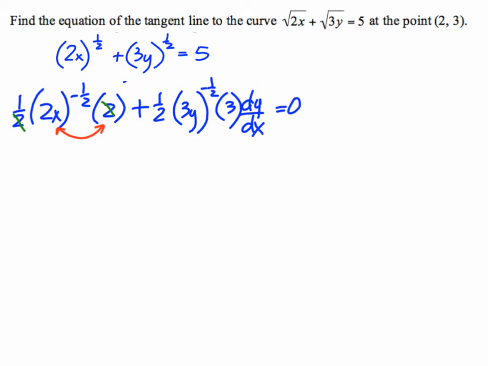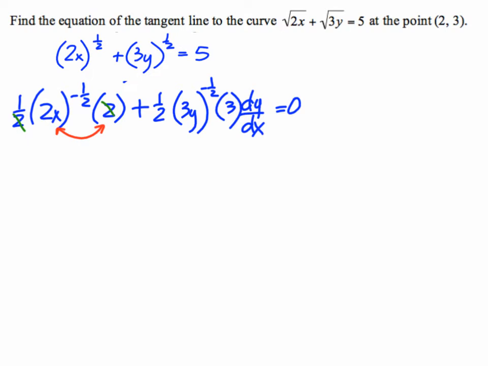And the derivative of what's inside is 3 times dy over dx, because I have to use implicit differentiation here still, because I have two variables, an x and a y. Anytime you're dealing with y, you're going to write it as dy over dx at the end. And the derivative of a constant is 0.